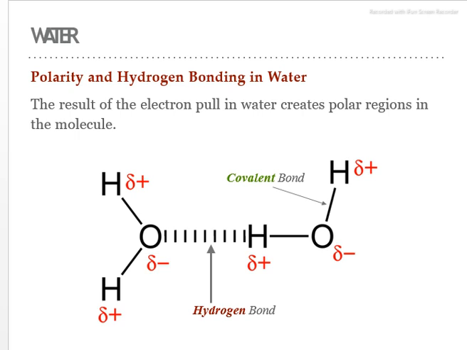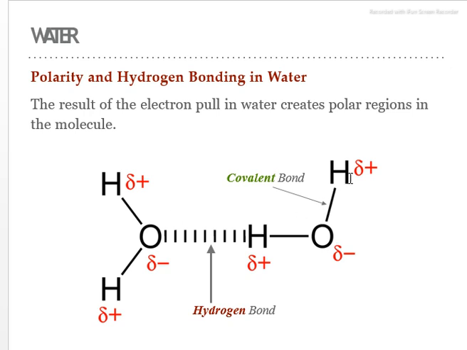Polarity and hydrogen bonding in water: the result of electron pull in water creates polar regions in the molecule. Here you saw that the electrons are pulled from hydrogen to oxygen, thus hydrogen gets a slightly positive charge and oxygen gets a slightly negative charge. This creates polar regions in the molecule.